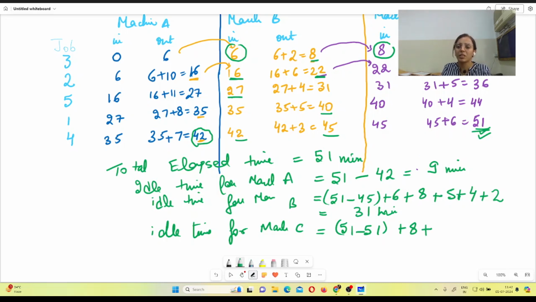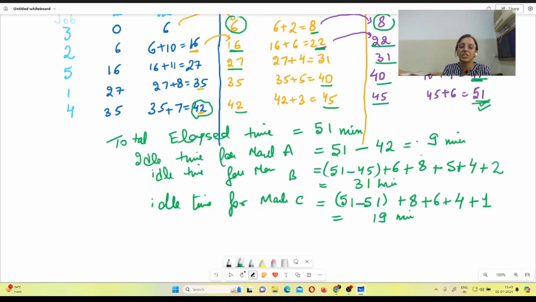Out time is 16, but the in time is 22, that means 6 minutes it was waiting. Then again it is 31, comparing in and out, 31 is the same. Now it is 36 and 40, that means 4 minutes more. Now again, this is 44 and this is 45, 1 minute more. Adding all these values, we find that 19 minutes is the waiting time for machine C.